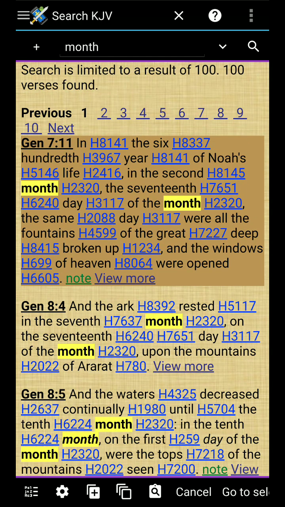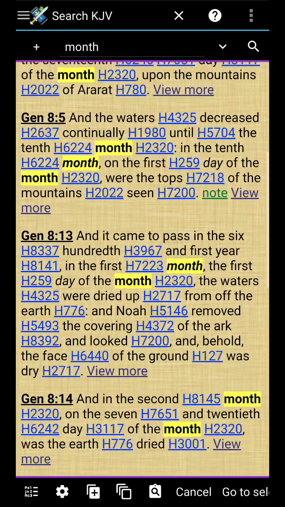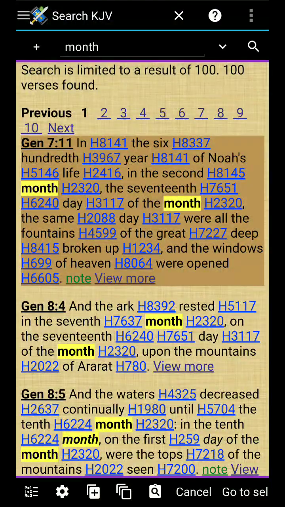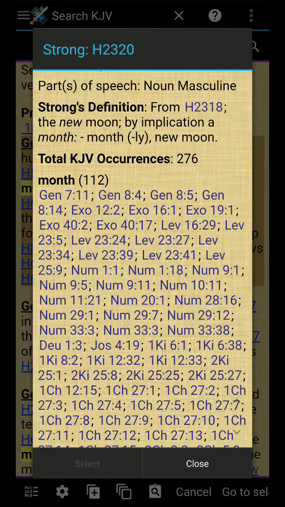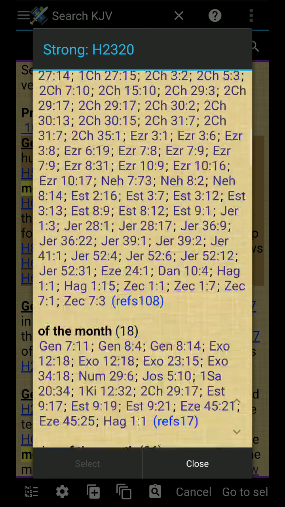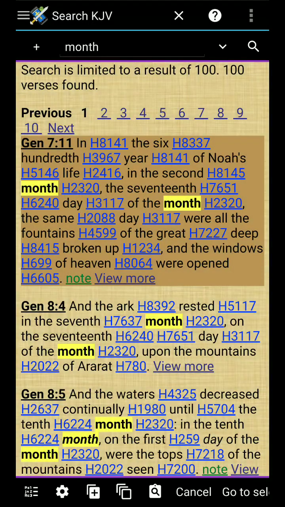And you can see that the word month is used much more often, like how many times? 276. Yeah. And the word Yarek is used a smaller amount of times.